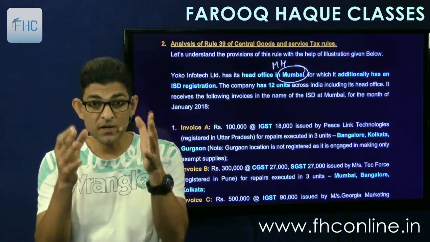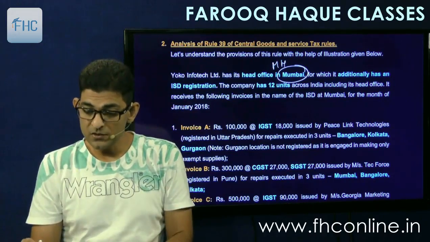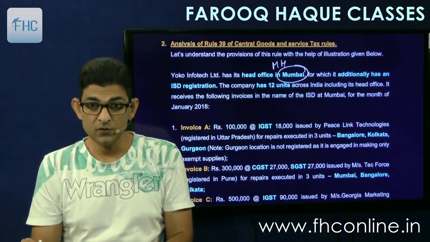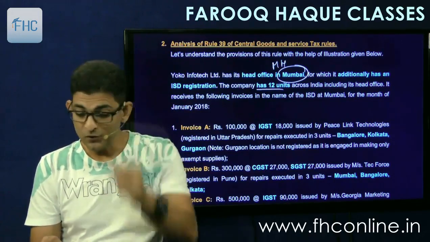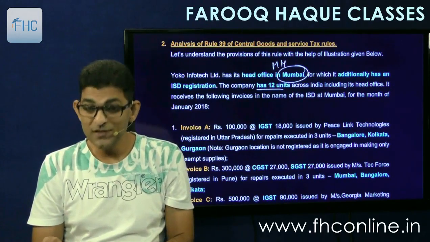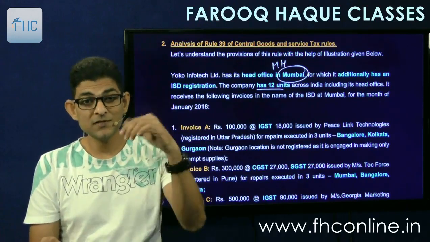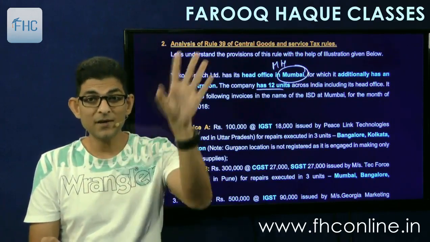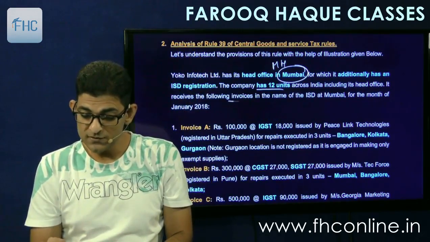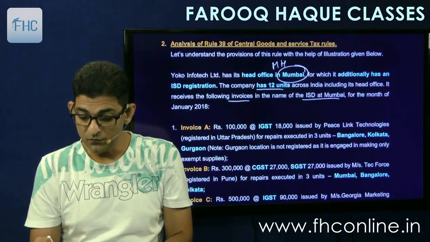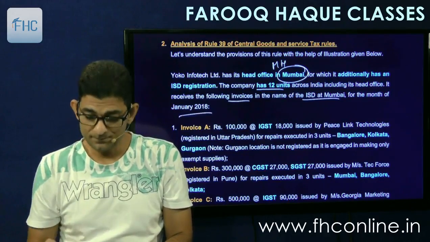So the head office is in Maharashtra, for which it additionally has an ISD registration. Very good. The company has 12 units, my God, across India, including its head office. So one of the beneficiaries is the head office also, and 11 other units. It receives the following invoices in the name of ISD at Mumbai for the month of January 18.